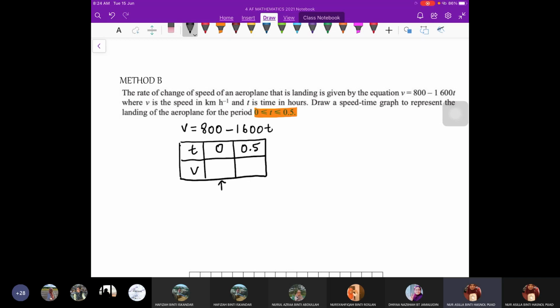So we start with T is 0. When T is equals to 0, V equals to 800 minus 1600 times 0. Where does it come from? From the equation above. So V will equals to 800. Okay, and then when T is equals to 0.5, so V equals to 800 minus 1600 times 0.5.